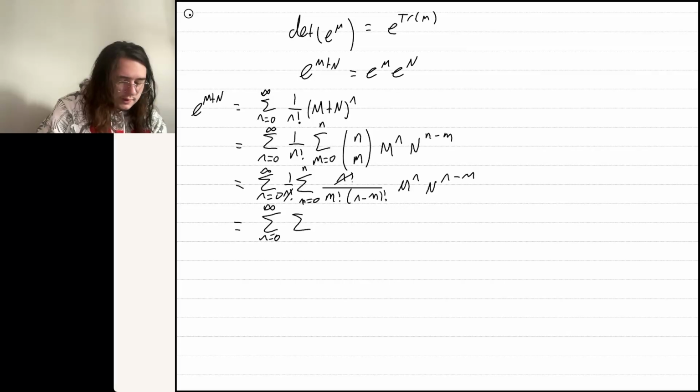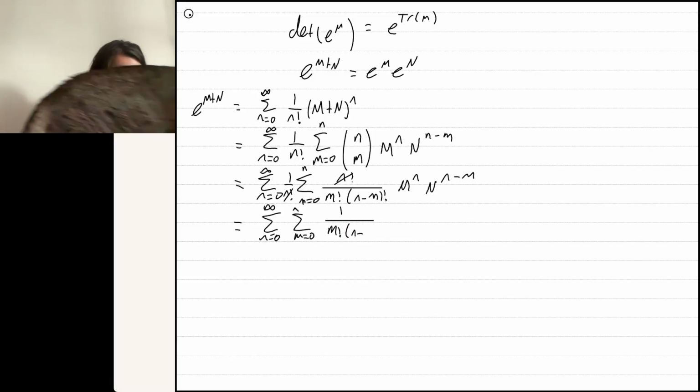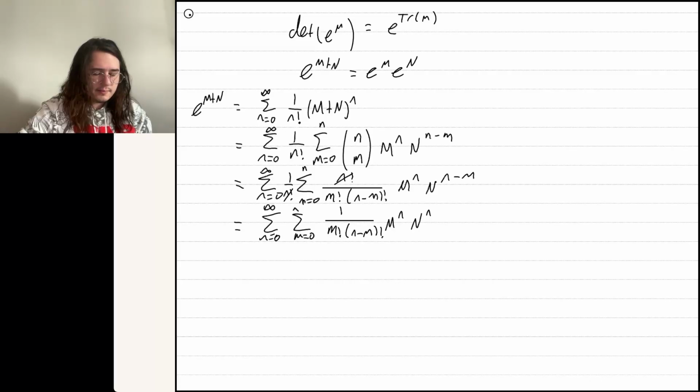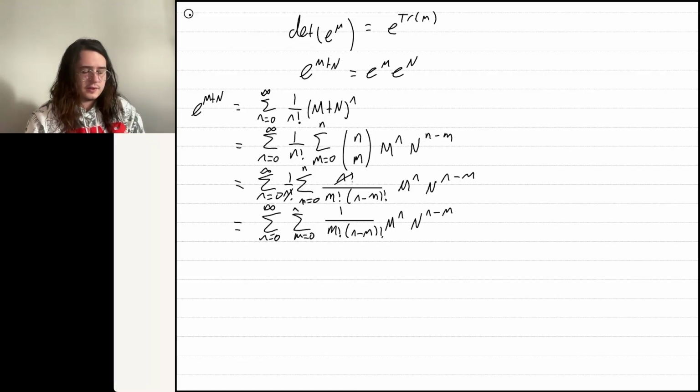That was just a little hiccup on my part. But yes, it goes to n, and then the thing is 1 over m factorial times 1 over n minus m factorial, and then it's M to the m and N to the n minus m. And you see why I would think that that looks like two little Taylor expansions right next to each other, right?